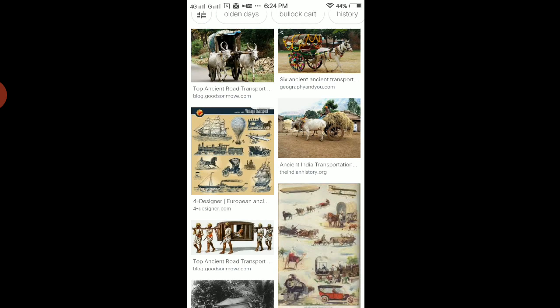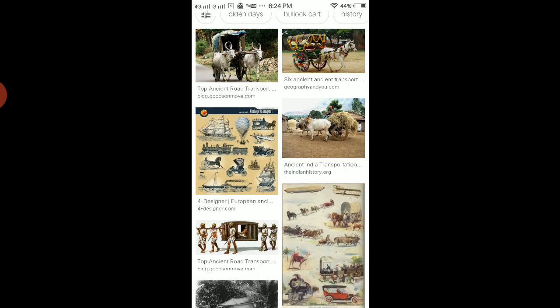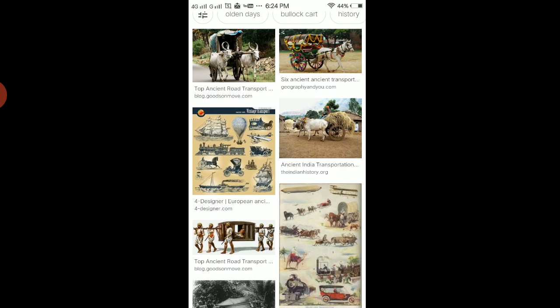After the invention of the wheel, transportation became still easier, and trucks, cars, scooters, everything came. After that came the steam engine. By using the steam engine, we were running steam engine trains, and it became very easy to transport more people from one place to another.